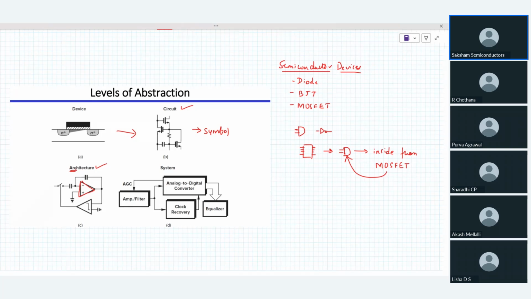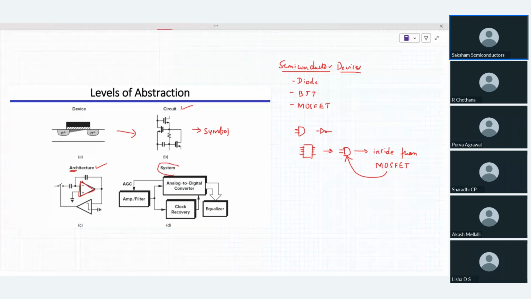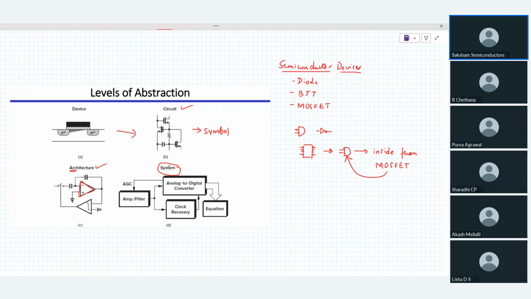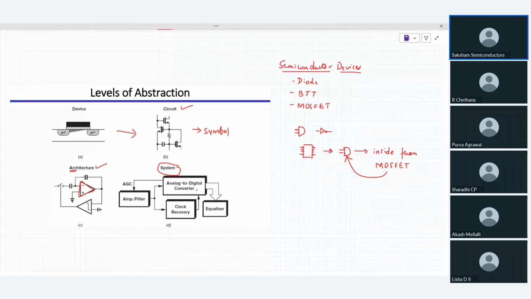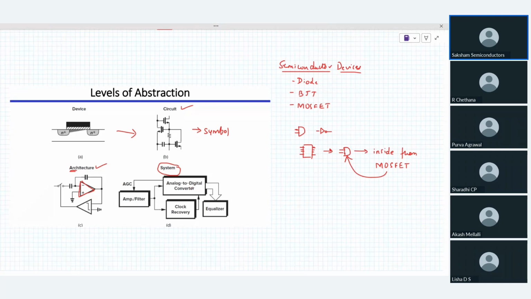Now, above that, when we connect different architectures together, we will come up with what is known as a system. So typically, if you want to say a system, a mobile phone or maybe your laptop, which has a lot of various structures. Sometimes we call these the bigger ICs also.